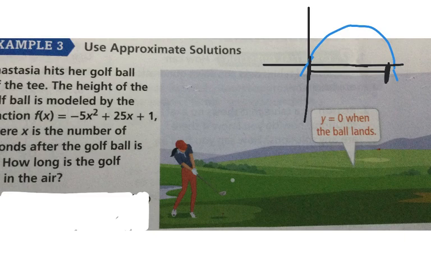Pick a point that's left of the x-intercept. So I'm going to pick here. Is everybody okay? This is left. Click enter. Then it wants me to pick a point that's right of the x-intercept. So I'm going to pick here. Enter. Then it wants me to give a guess. So I'm going to go back to about where it's at and click enter.